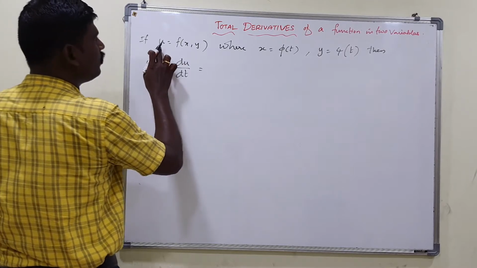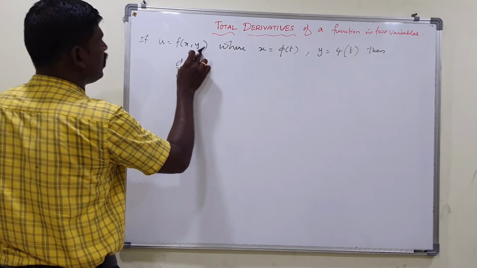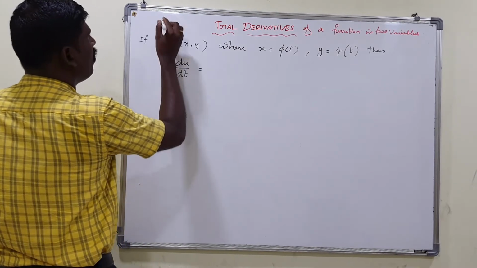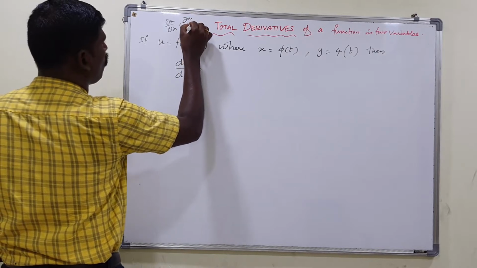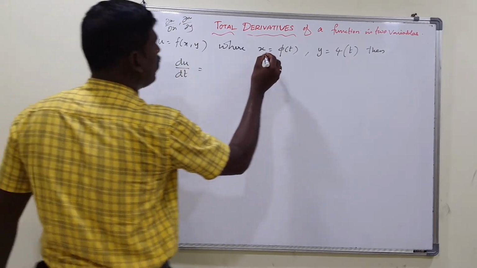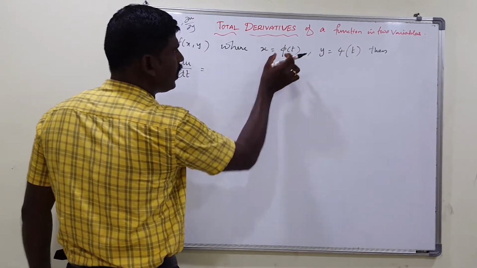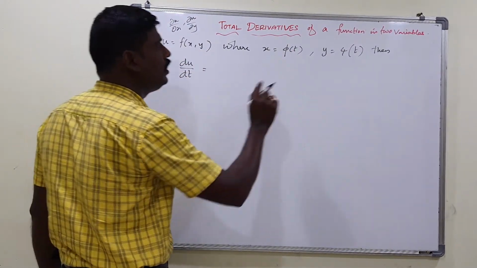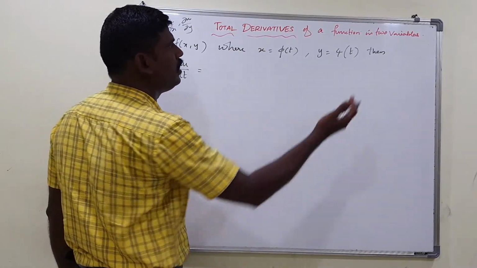Look here. u is a function of x and y, so we are going to take the partial derivative of u with respect to x and then u with respect to y. Similarly, x is a function of t, so the right hand side has only one variable, t. Similarly for y, there is only one variable on the right hand side, in terms of t.